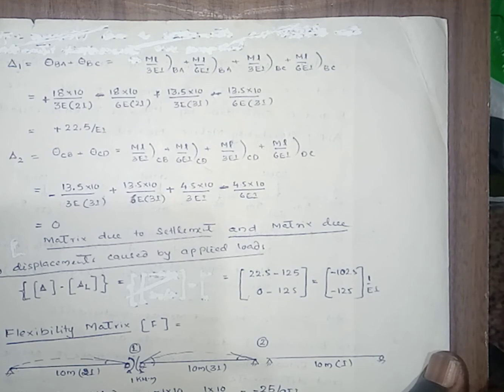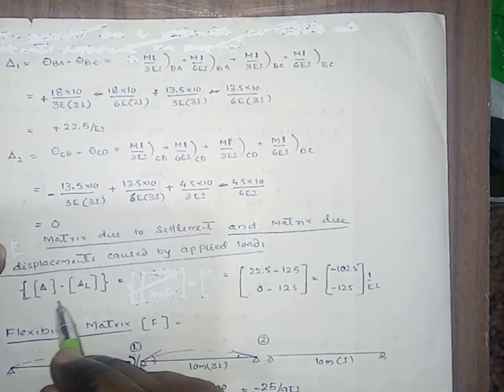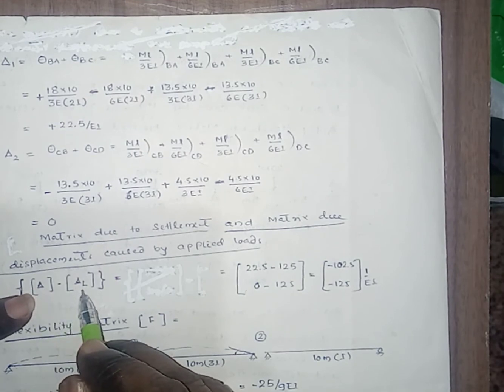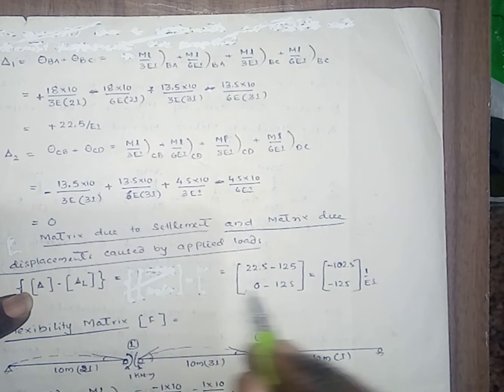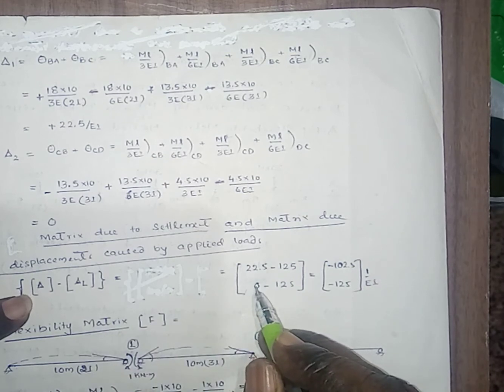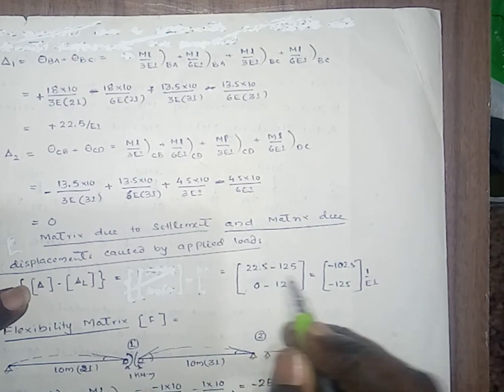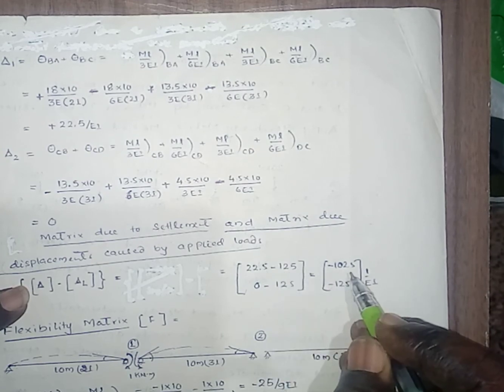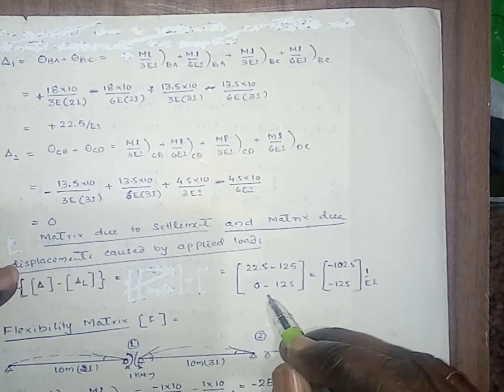Now we can write the displacement vector caused by the sinking and due to the loads. Here delta minus delta L is the vector due to the settlement and due to the applied load, the displacement due to the applied loads. Here we get 22.5 minus 125, that is minus 102.5.